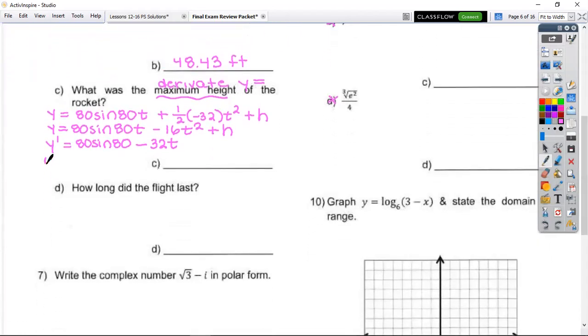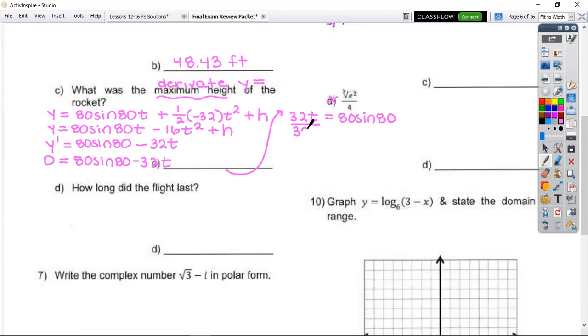So 0 is equal to 80 sine 80 minus 32t, and solve for t. I am going to use some of the space over here. So we have 32t equal to 80 sine 80. And then you're going to place that in the calculator again, and then use that answer to find your maximum height.